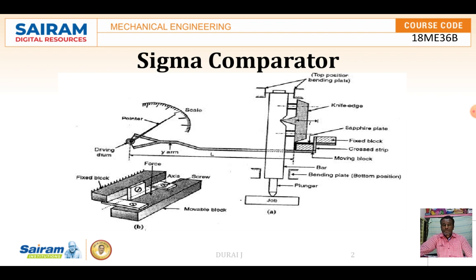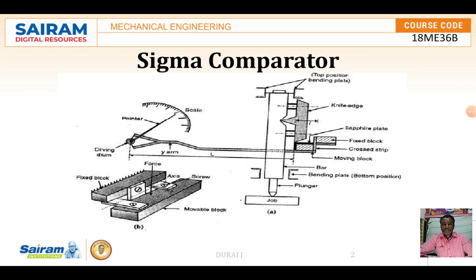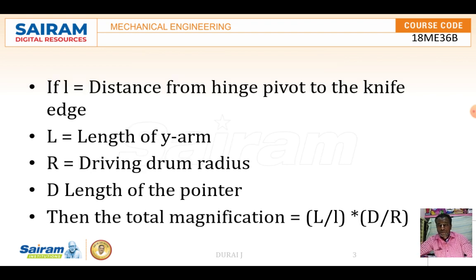Whatever deflection takes place, we can note down with the help of the pointer. Around the pointer movement the scale is fixed, so from that we identify how much variation takes place in the component. This is how the sigma comparator works.